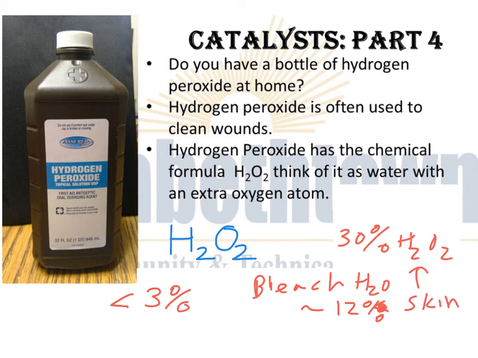So hydrogen peroxide is actually a very dangerous chemical in large enough concentrations. Obviously, the less than 3% that you have around the house is a relatively safe concentration to work with, but it is strong enough to clean wounds.